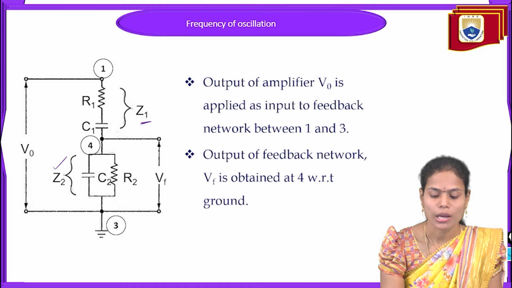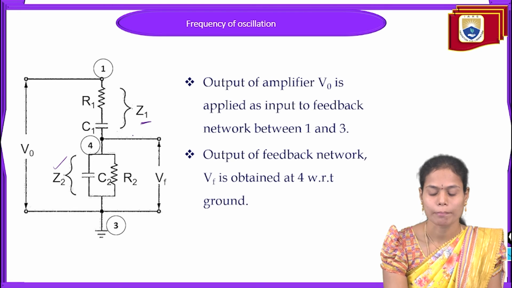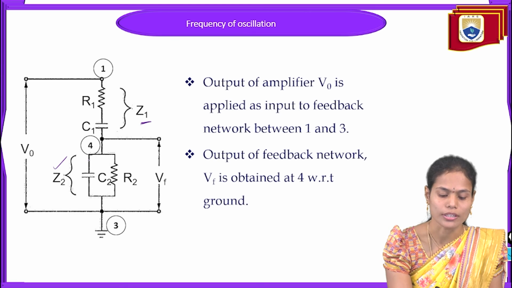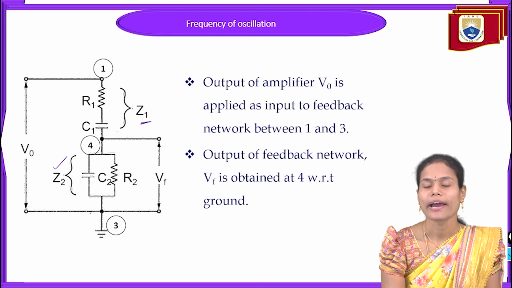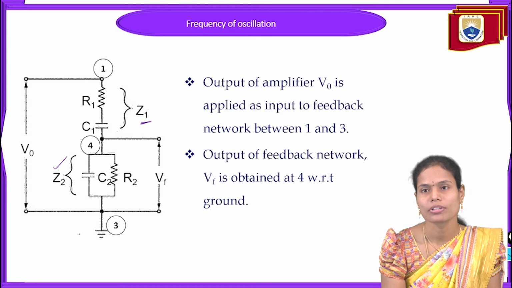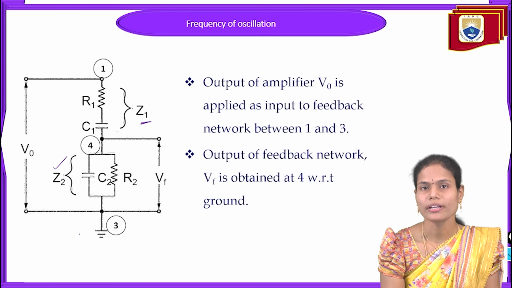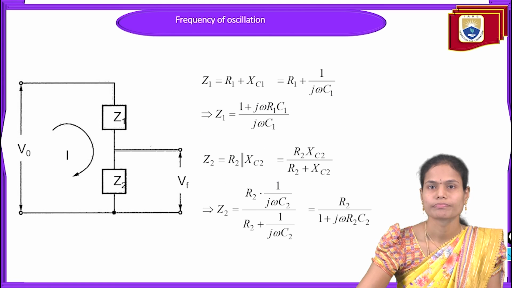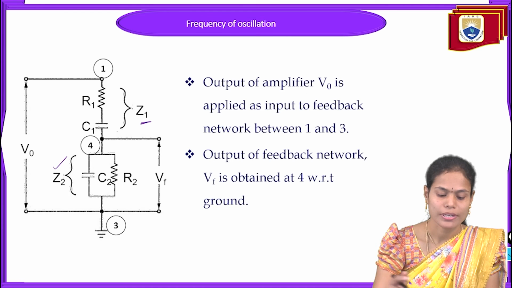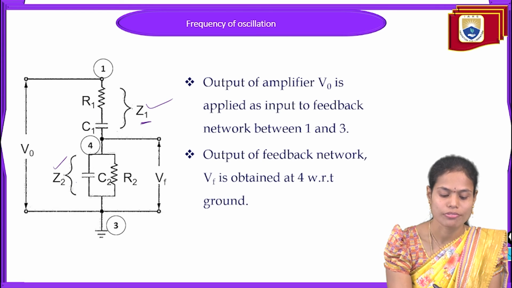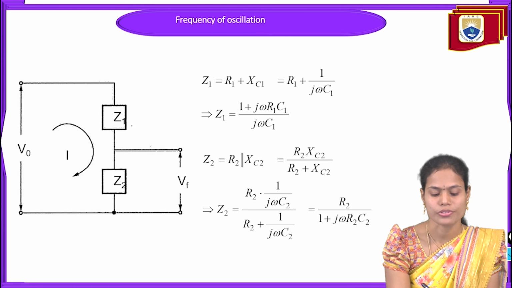So the output of amplifier V0 is applied as input to the feedback network between 1 and 3 as I have mentioned, and the output of the feedback network again we are connecting between the 4 and 1. So I replaced these combinations with Z1 and Z2 in this circuit.